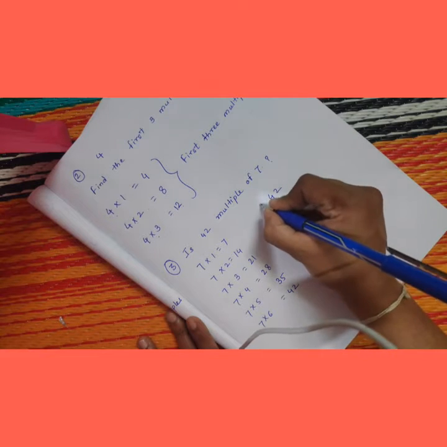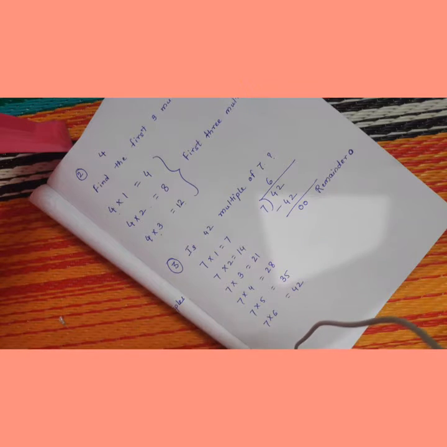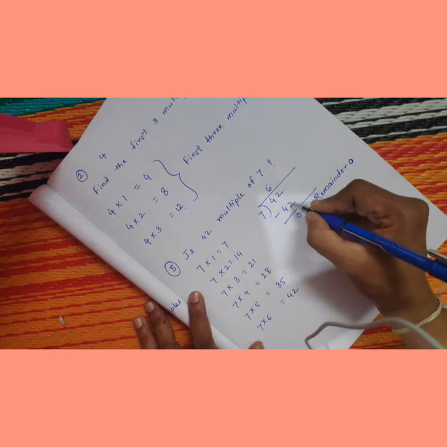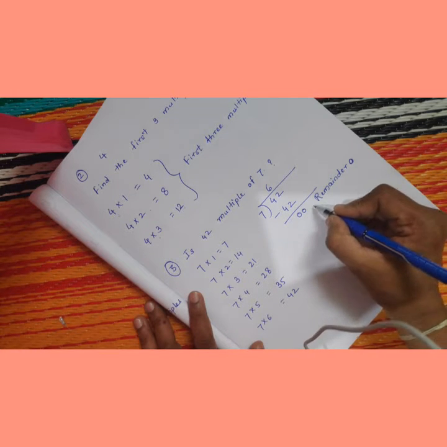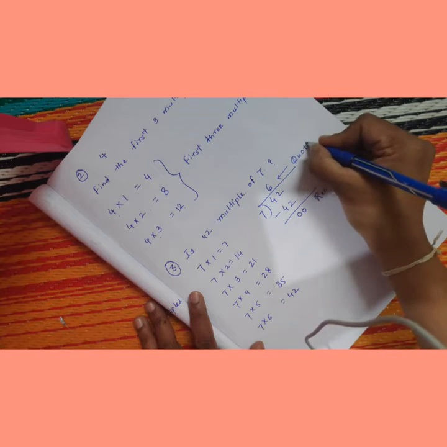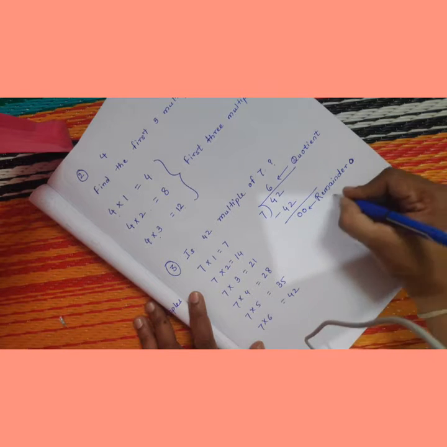What we will do is 42 divided by 7. 7 6s are 42. 42 minus 42 is 0. The quotient is 6 and the remainder is 0. Here the remainder is 0.